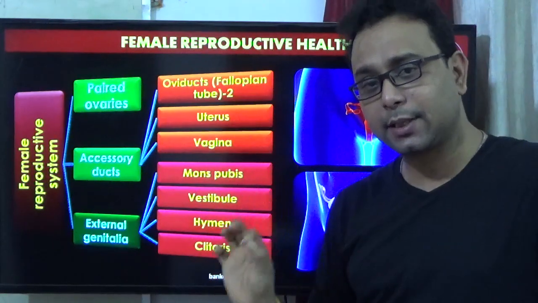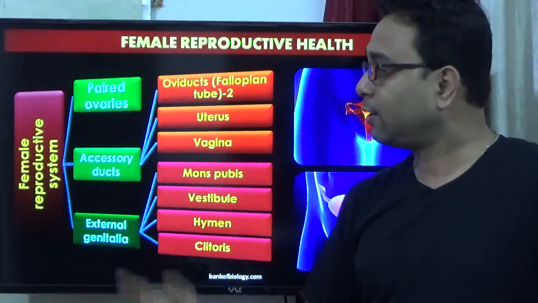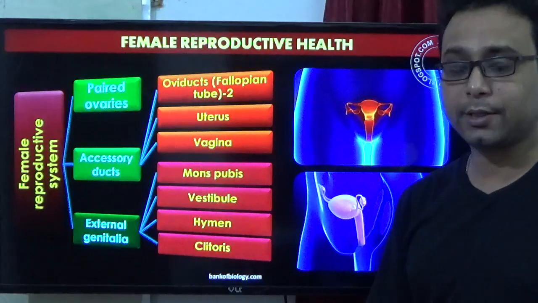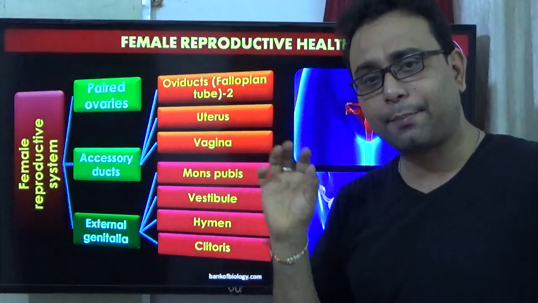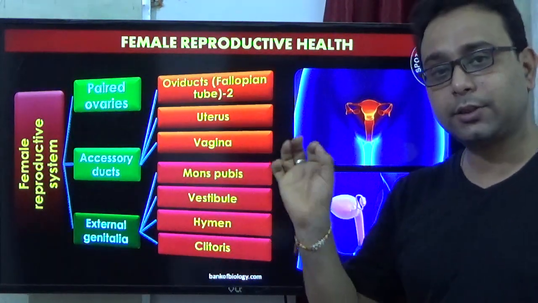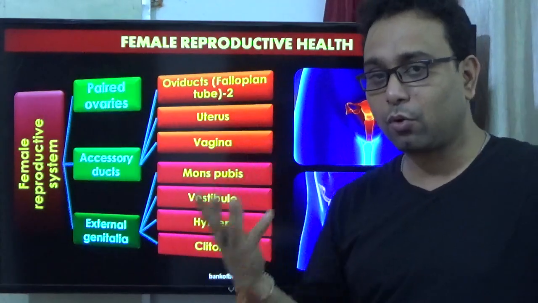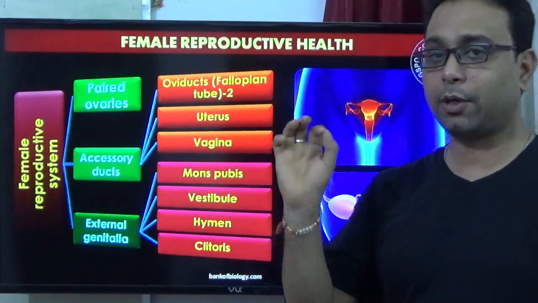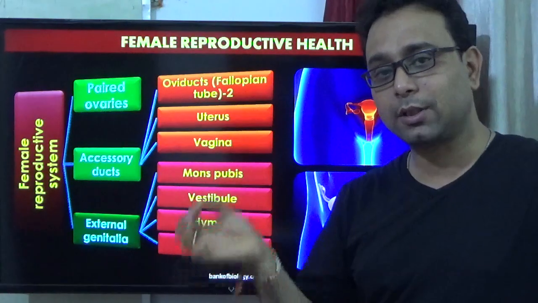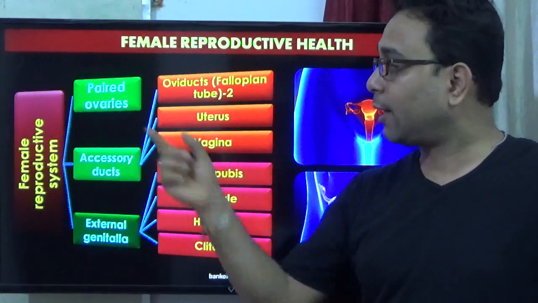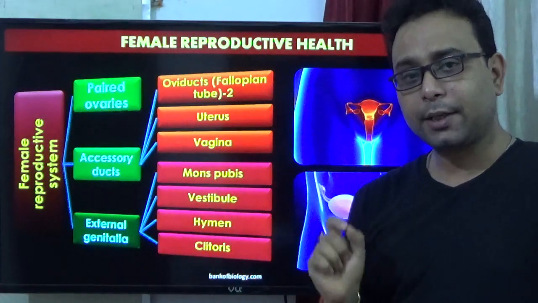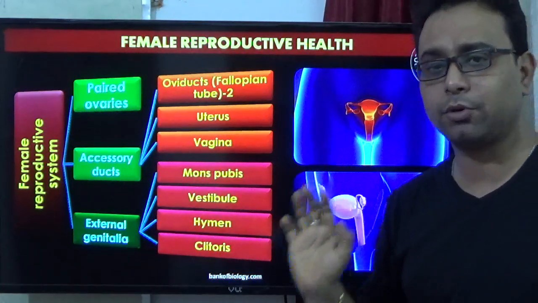How many ovaries are there? Two ovaries, so they are called a pair of ovaries. The ovary is a primary sex organ because it is the site of production of the ovum. Also, different hormones like estrogen and progesterone are produced in the ovary.